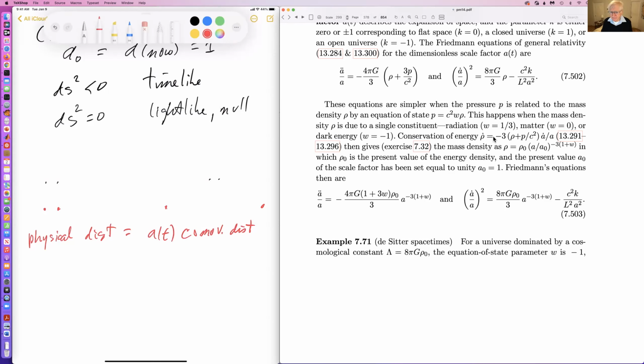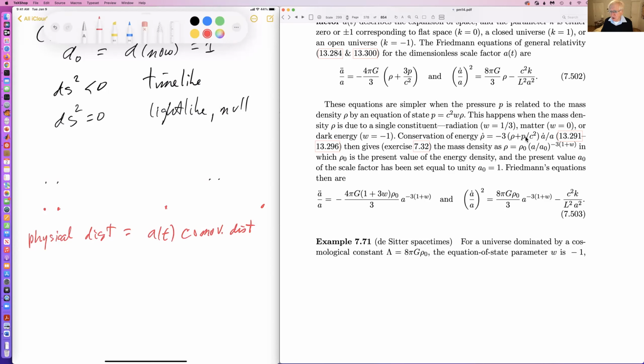Conservation of energy, explained again in chapter 13, gives us that rho dot is -3 (rho plus p over c squared) times a dot over a, dot being time derivative.